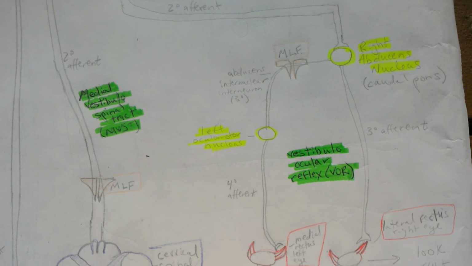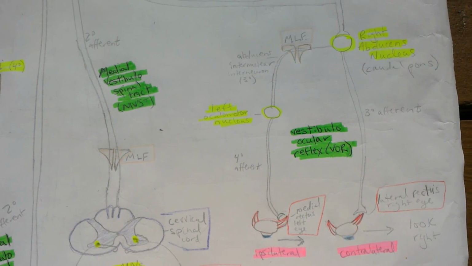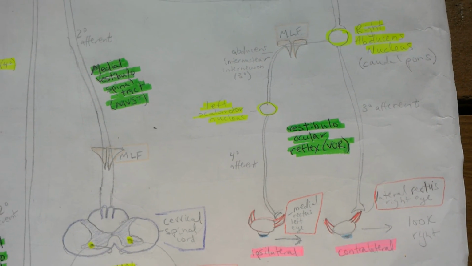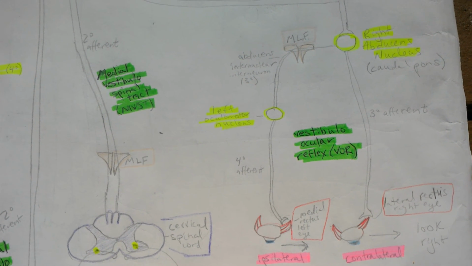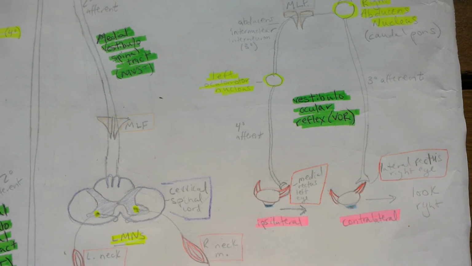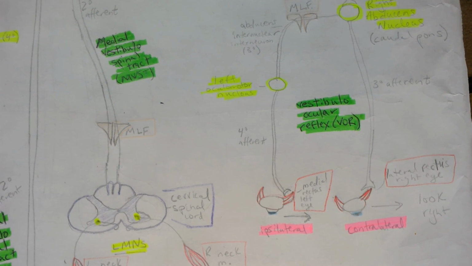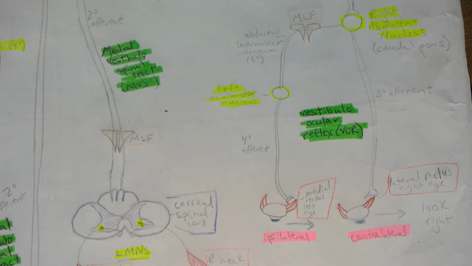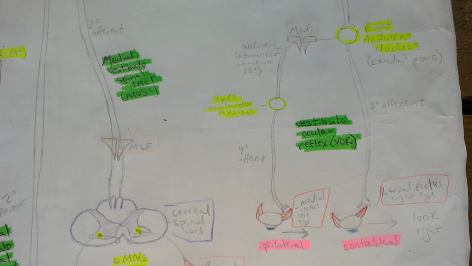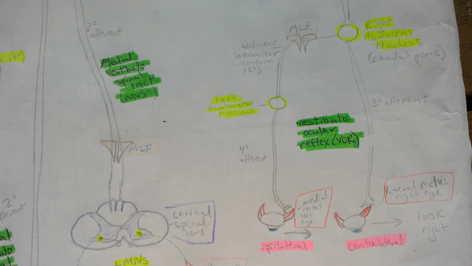Alright, so we have contralateral abducens and ipsilateral oculomotor. And oculomotor innervates the medial rectus, so it's going to also pull the eye to look right. So the eyes are going to move together, look right, maintain their focus.